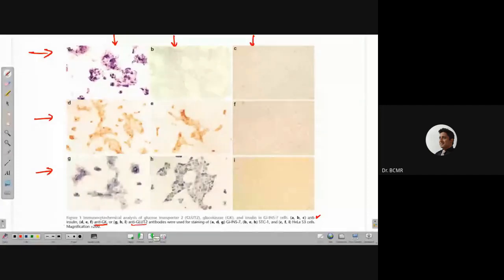So they used immunocytochemical analysis. We don't have to bother too much, but as a proof, they show that these, A, D, G, are the cells that have been transfected with the vector they have constructed. And you can see that there is expression of insulin, right? You can also see that they have glucokinase and also GLUT2.